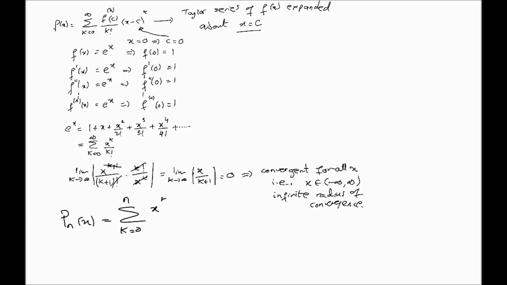So you have x to the k divided by k factorial. Now this is called the Taylor polynomial of degree n.